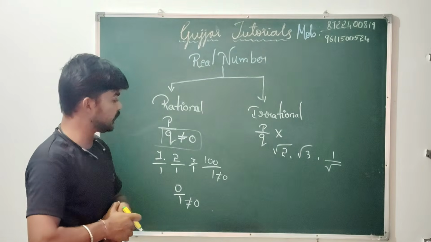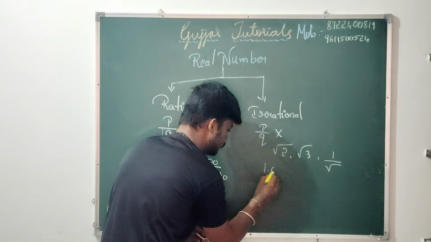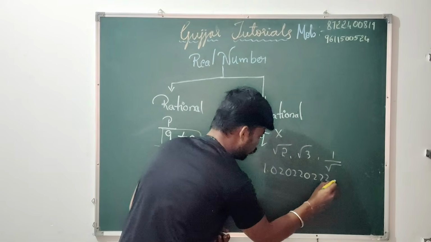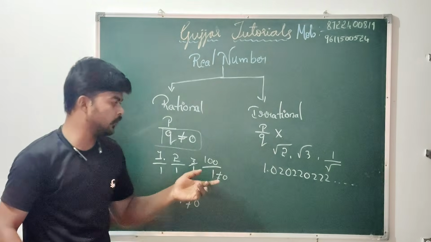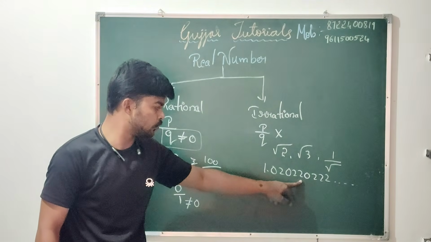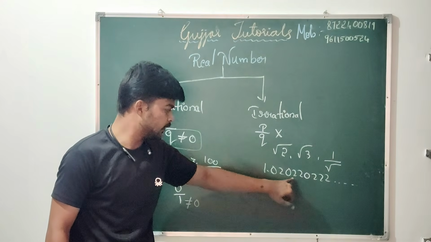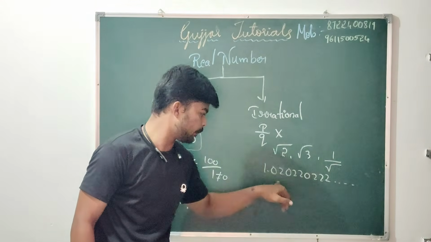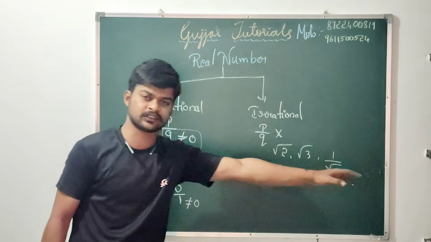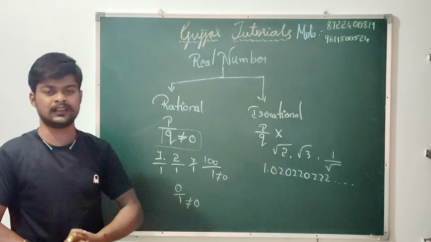Or, how to find an irrational number in decimal form? If the number is like 1.02022022202, a non-terminating number, where after a certain digit the same number keeps repeating more times, 2 one time, 2 two times, 2 three times, increasing like this, then we call it an irrational number.